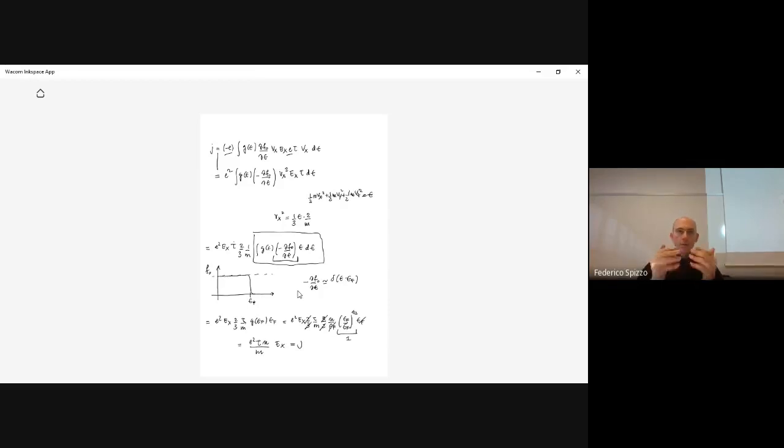So this is a consequence of the fact that we have the derivative of a function that is a step function. So it's important to note that in this integral, just what happens at EF is important for the calculation, because here we may neglect all the details that are far away from EF and just concentrate on what happens exactly at the Fermi energy.